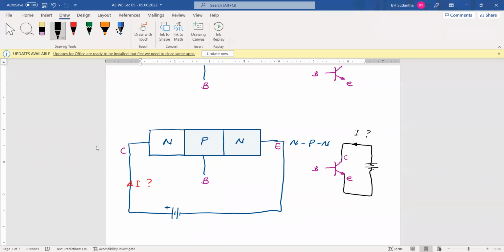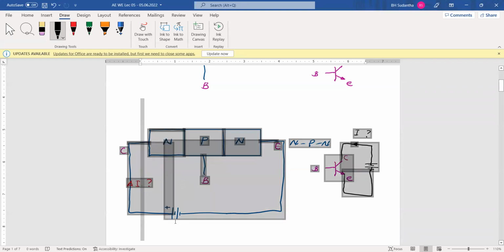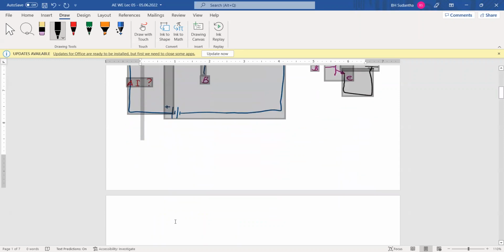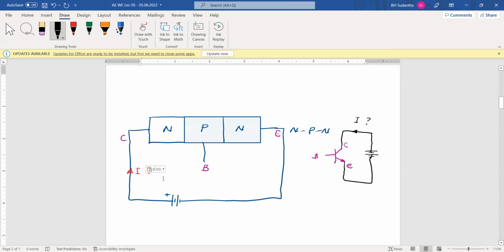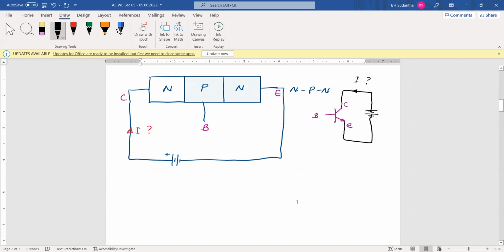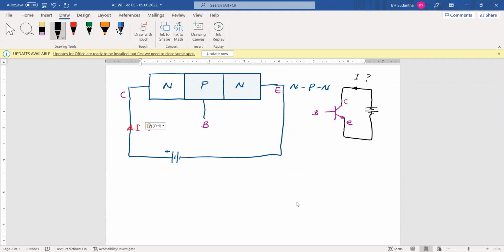Is it possible to send this type of current? No, it's not possible. But we can send a current through this path. How? We can send a current through this path.